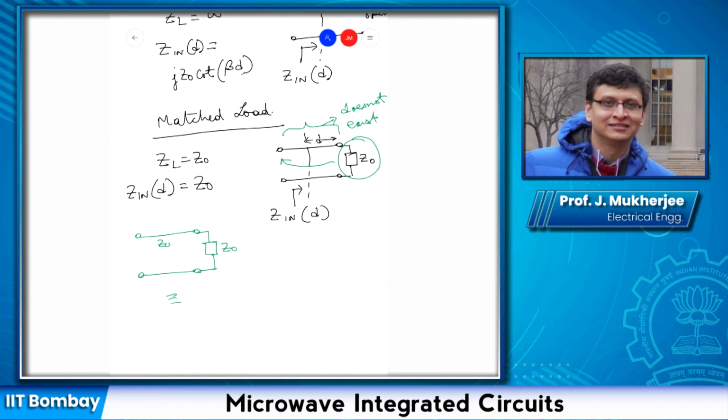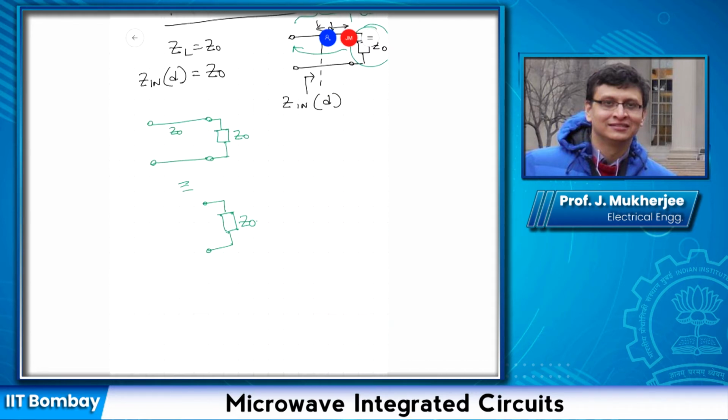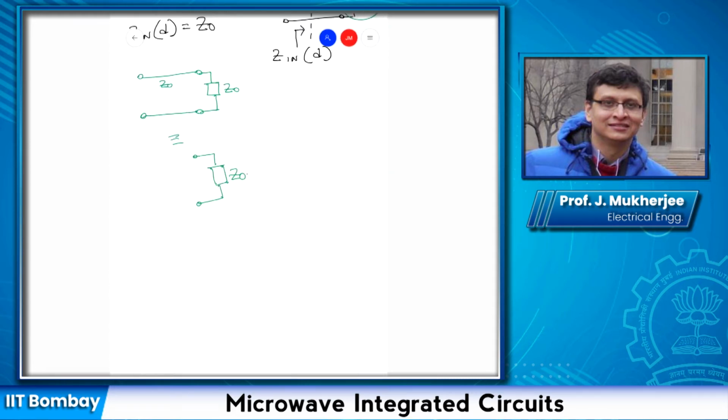Suppose the characteristic impedance here is Z0, and this is almost as if I just have the load directly connected to the input.